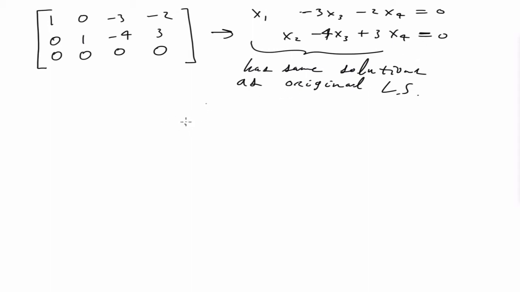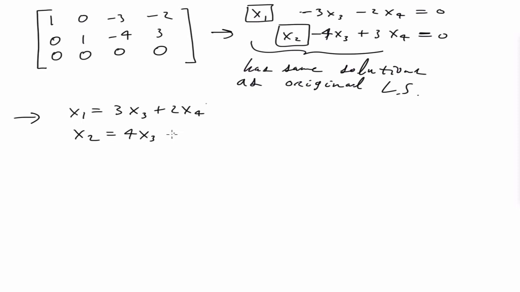All right, so what we can see clearly is that x1 and x2 are actually functions of x3 and x4. So I can write this as follows. x1 is actually 3x3 plus 2x4. And x2, now I'm going to the second row here, is actually going to be 4x3 minus 3x4.